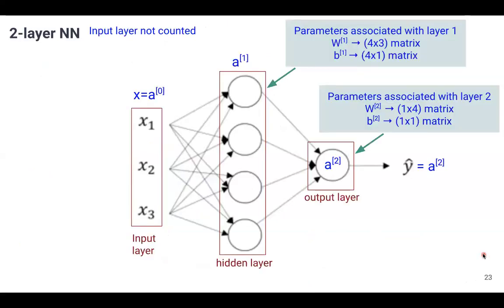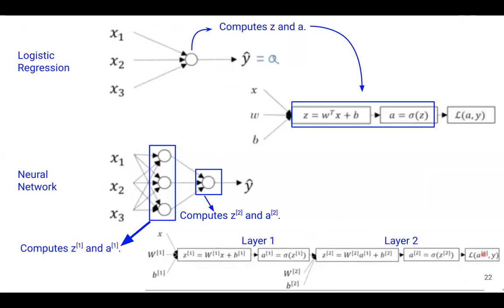The parameters W and B are fixed by layer or node? It's fixed by layer, right? So both. The W parameter is actually a matrix. It's not one value. W is a matrix. Yes, W is a matrix.